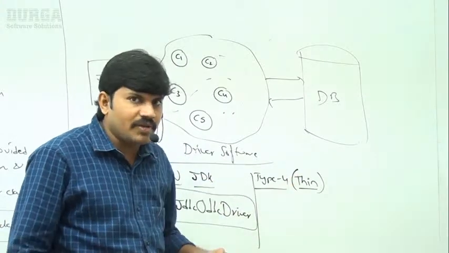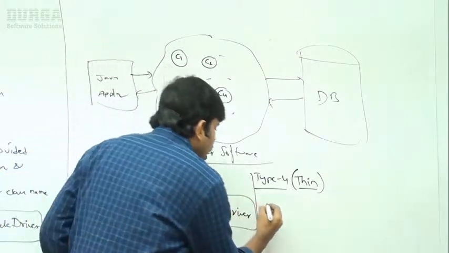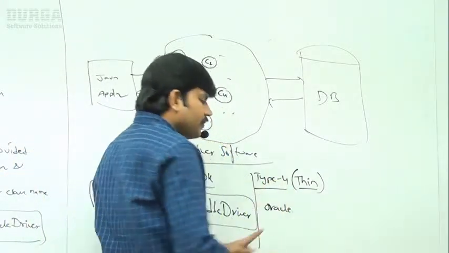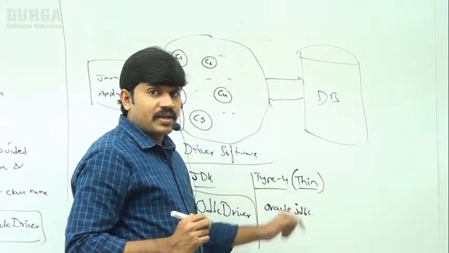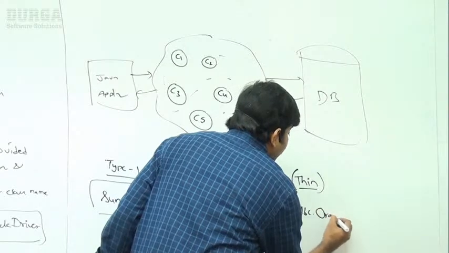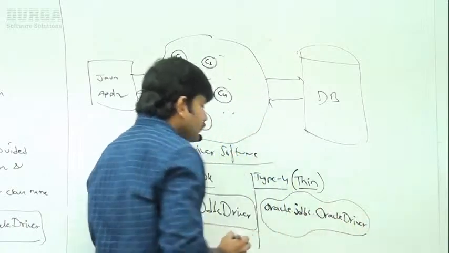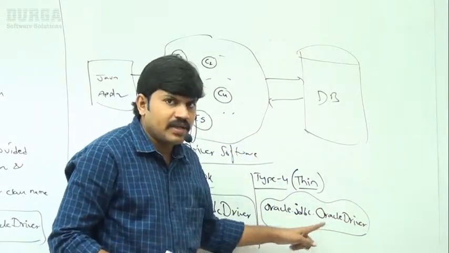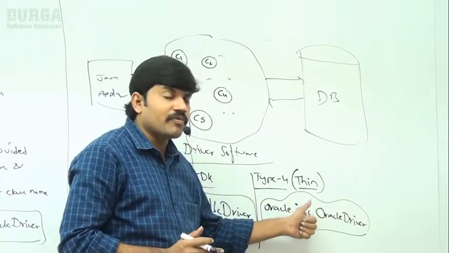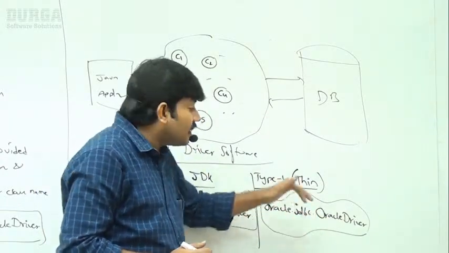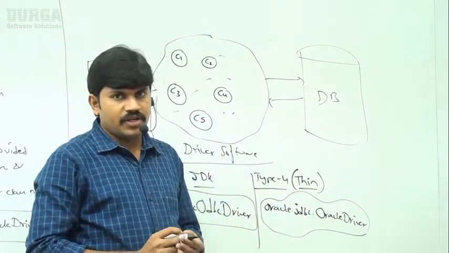In this driver software, there should be a driver class name. What is the corresponding driver class name? It is oracle.jdbc.OracleDriver, the driver class name present inside the type 4 driver software, or thin driver software. Everyone can understand?